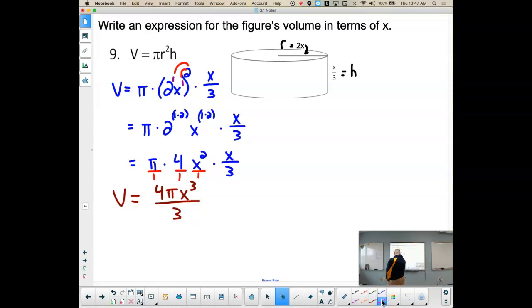And then the 3 is remaining by itself on the bottom.